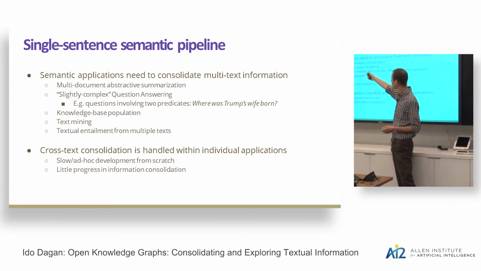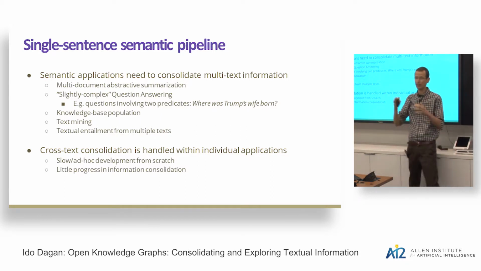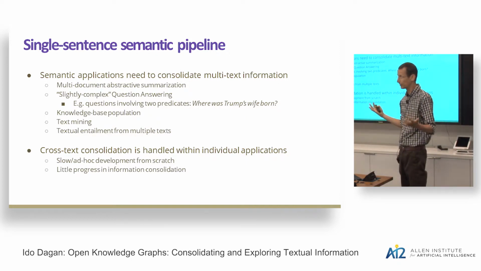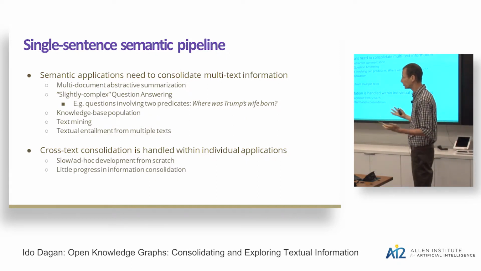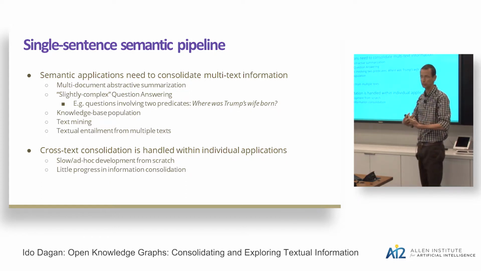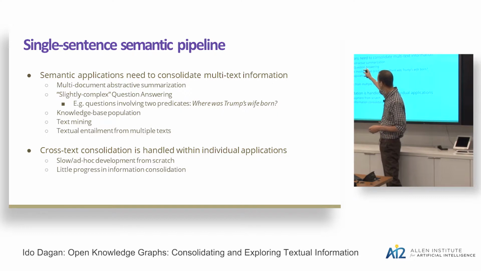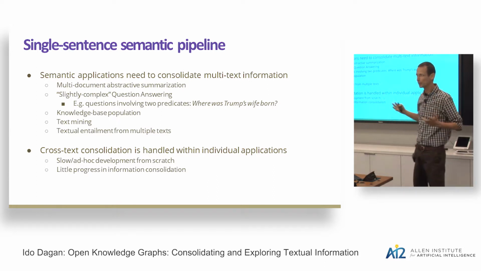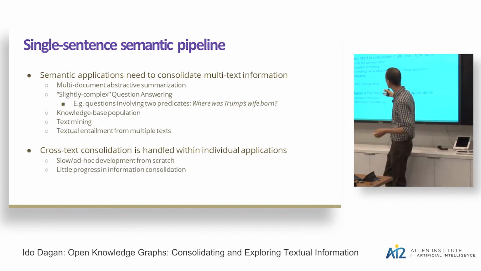Maybe the most trivial scenario is multi-document summarization. That's part of the task definition. You want to somehow consolidate information from 100 reviews of a product. If you get into what I call slightly complex question answering, suppose you have two relations in a question, even such a simple question: where was Trump's wife born?